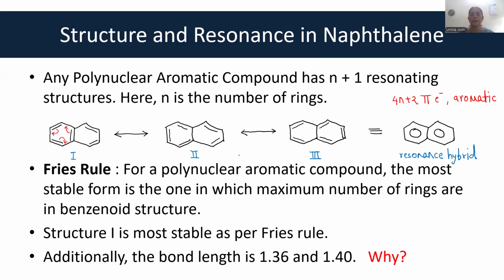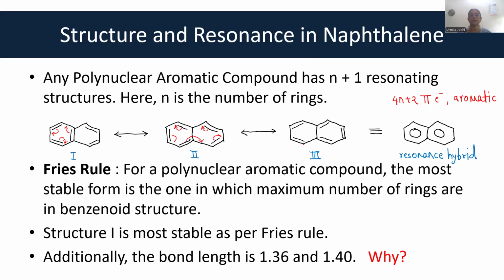Now in structure number 3, what happens is, see, this can move over here. As a result, this moves over here. So this carbon becomes pentavalent, this moves over here, this moves over here, and this carbon is electron deficient, and so this double bond shifts over here.